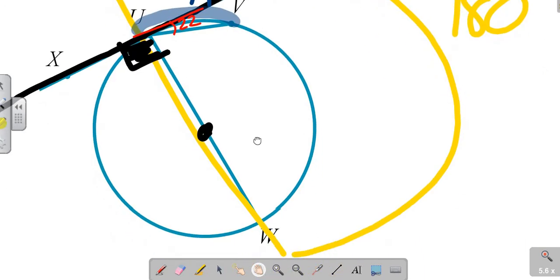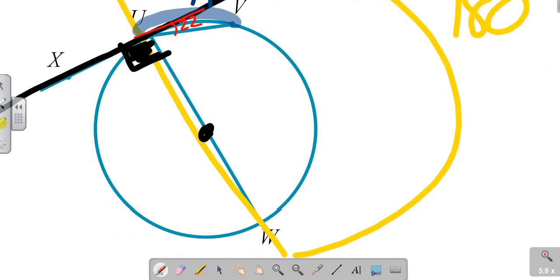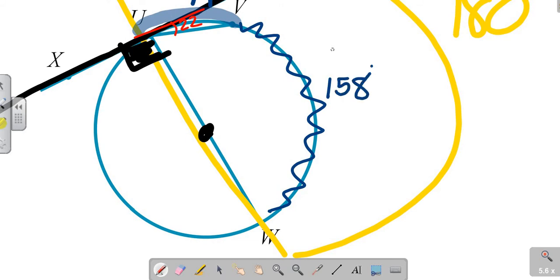180 minus 22. That means from here to here is going to be 158. Which means this angle back here is half.